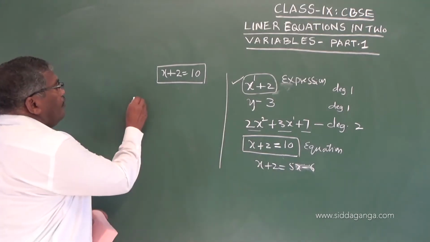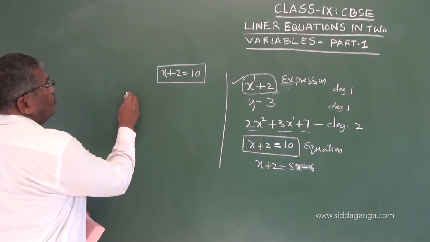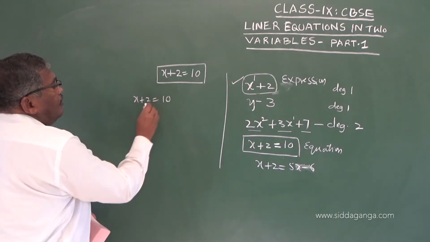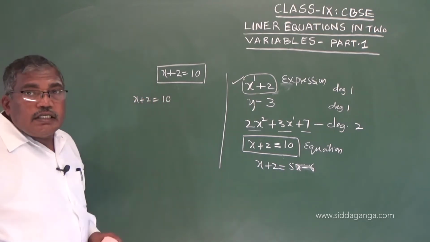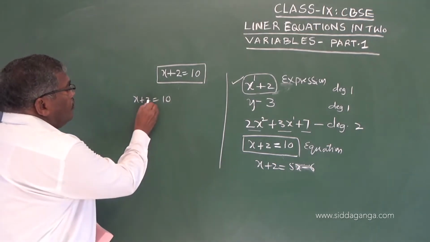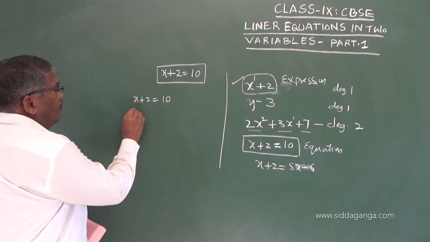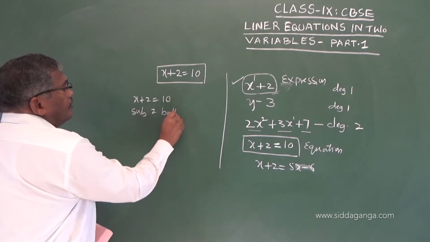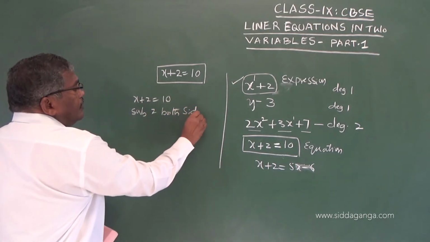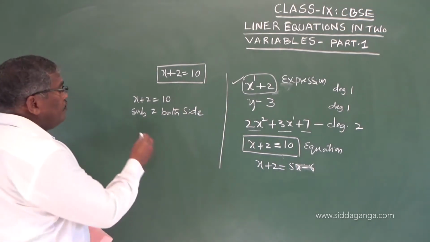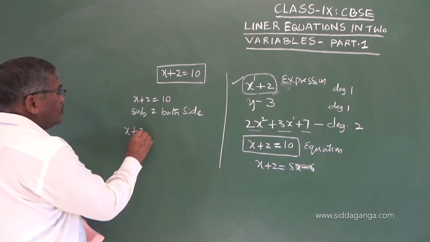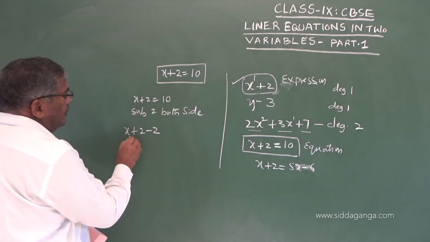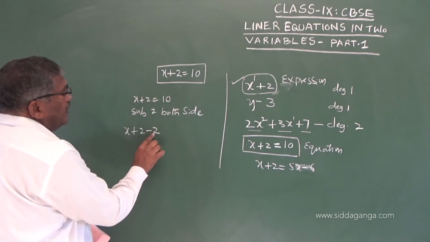So when we want only the x value and don't want 2 here, subtract 2 from both sides. So x plus 2 minus 2.